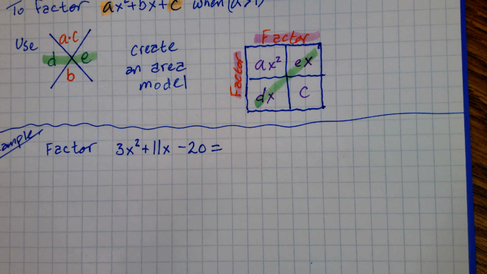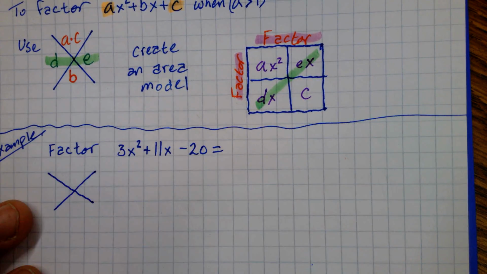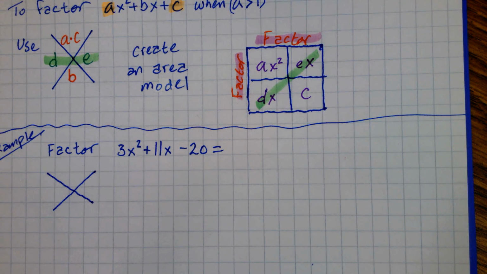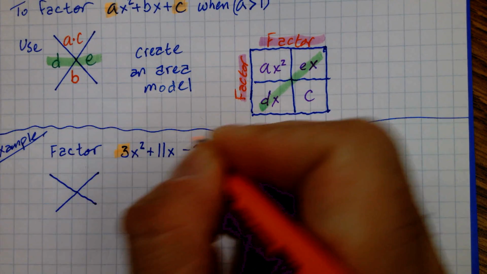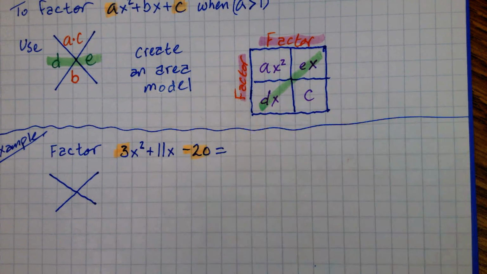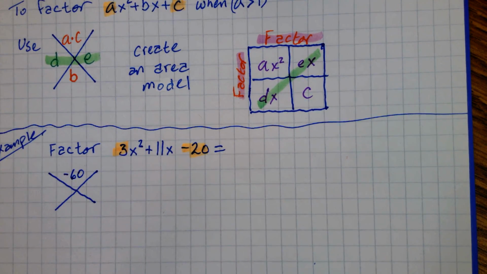All right? So the first thing we're going to do is multiply 3 and negative 20. Negative 60. That's going to go there.